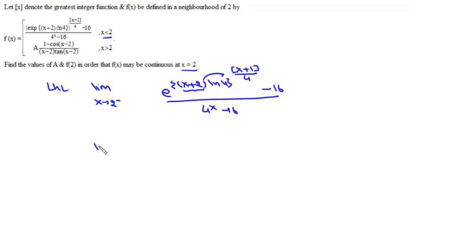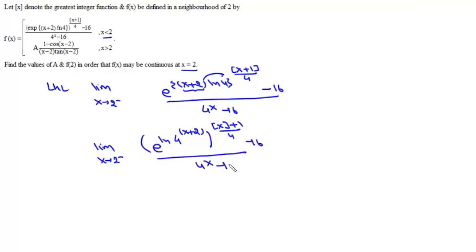So we can write this as limit x tends to 2 negative, and it will be 4 to the power x plus 2 and whole to the power greatest integer function of (x plus 1) upon 4, minus 16 upon 4 to the power x minus 16.